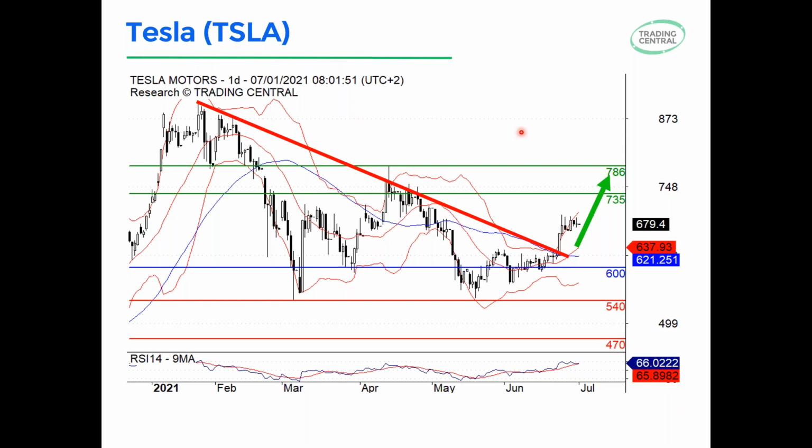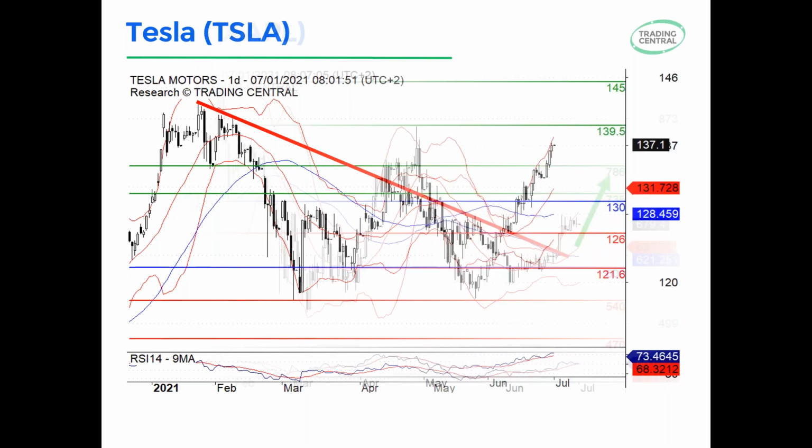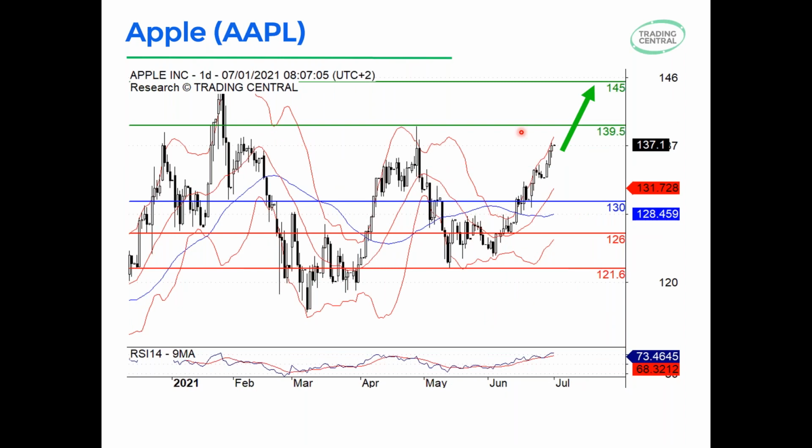So I will ask you one question. Have a look at this chart. I will ask you one question later. How about Apple? Also doing very well. Have a look at this chart. I think you are very good now. You are very good at technical analysis. You don't need me to point out all these good signals here.